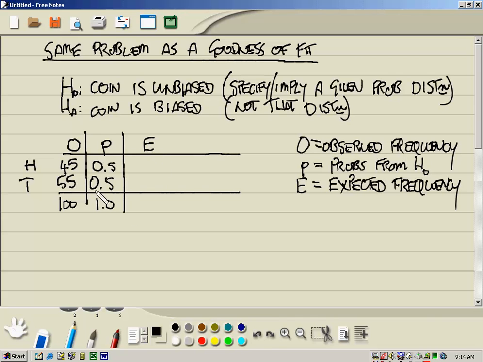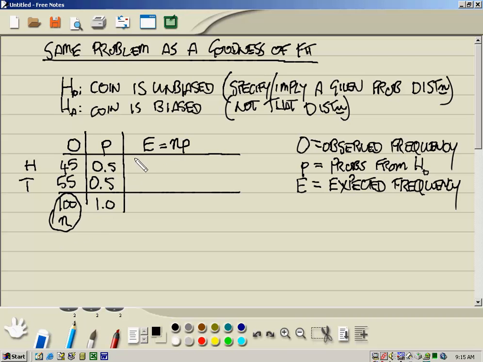And then the expected values or frequencies, same formula as we use for the binomial in 214, that's n times p. N in this particular case is the 100.